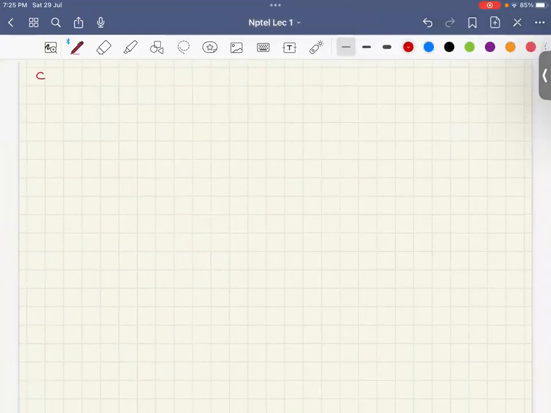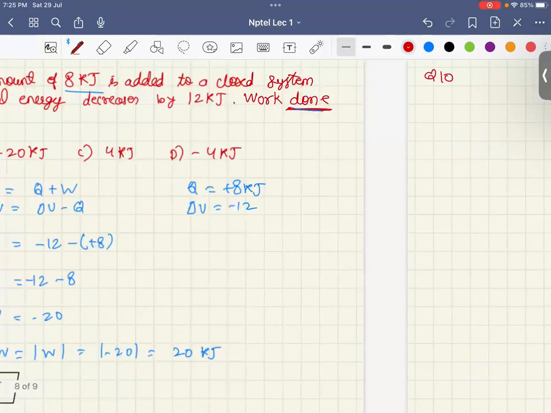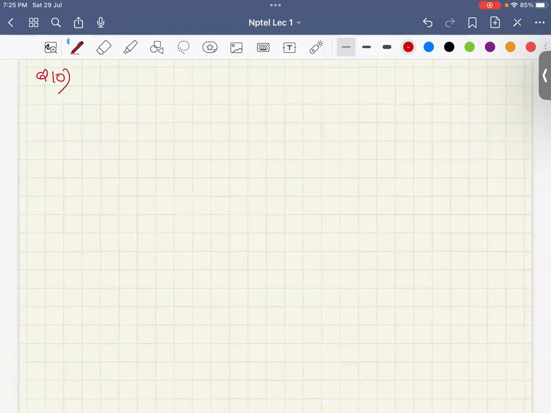Question number 10. Which among the following is not an intrinsic property?